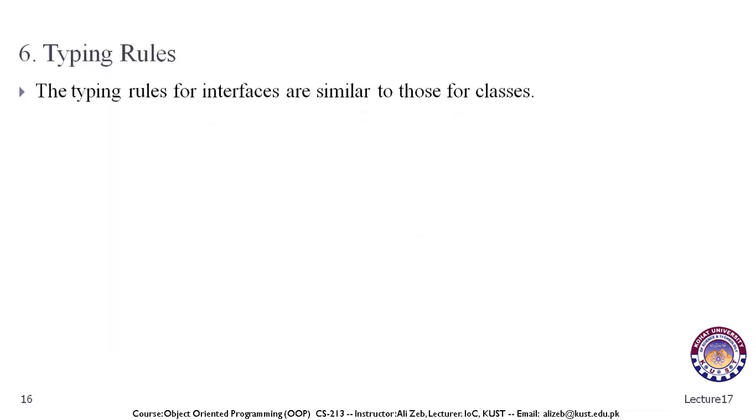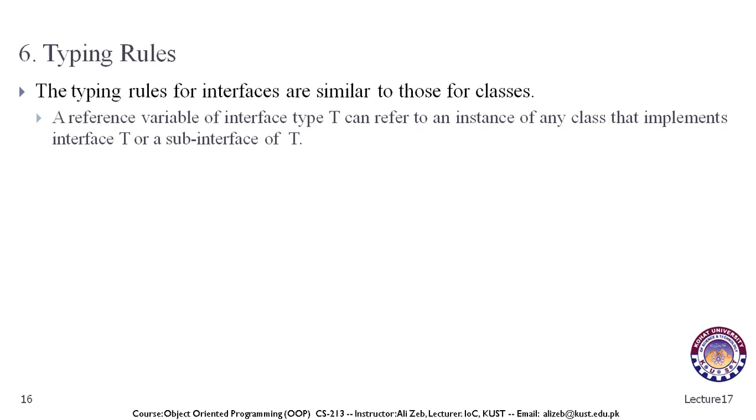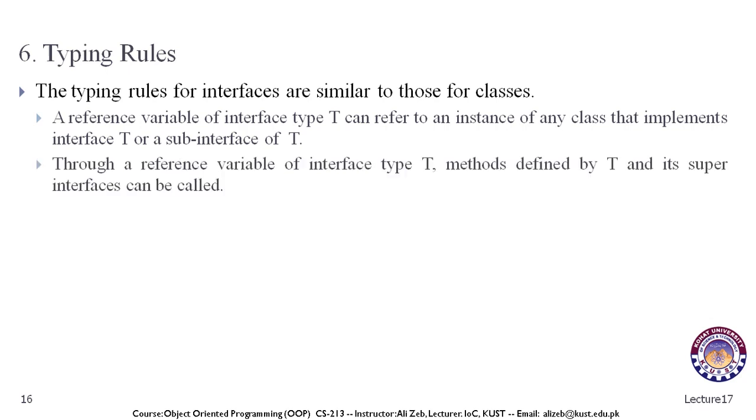Now the typing rules for interfaces are similar to those for classes. A reference variable of an interface type T can refer to an instance of any class that implements interface T or a subclass or a sub-interface of T. It is the same as when we inherit from a superclass: we are able to create an object of the subclass using the superclass reference.